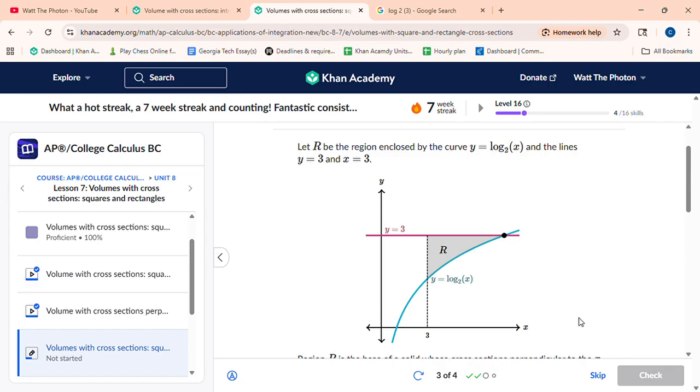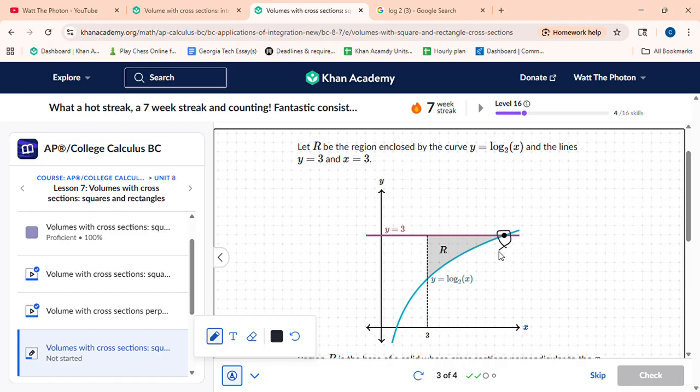Okay, so we're going to have the integral from 3 to wherever this point is, where log base 2 of x equals 3. So that's 8, from 8 to 3.